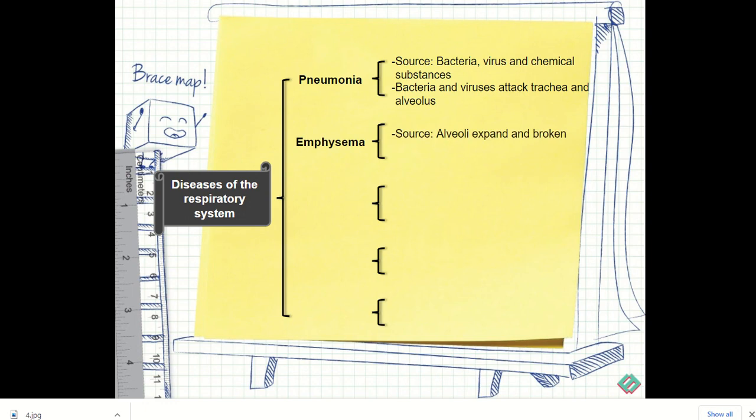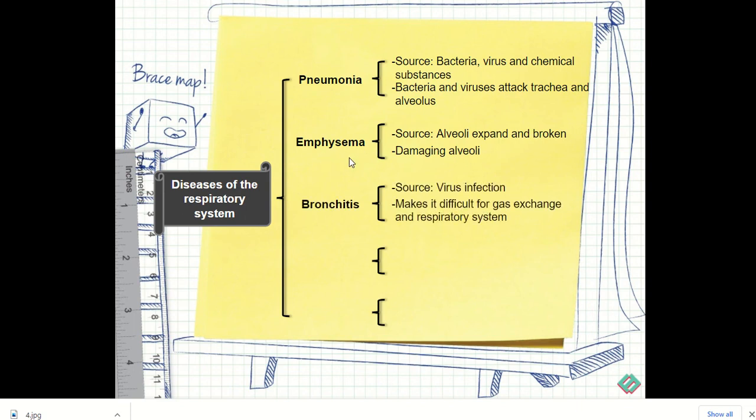And then we have emphysema. Okay, so alveoli expand and break, and it also damages the alveoli. So with emphysema, it is difficult to breathe. Bronchitis, virus infection. Okay, so the virus infection will attack the cells. So our cells have difficulty working. So it is difficult for gas exchange, and the respiratory system itself can be damaged or can collapse.